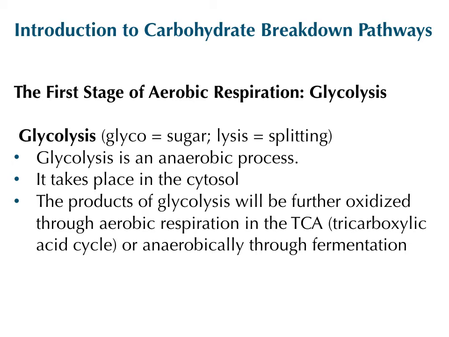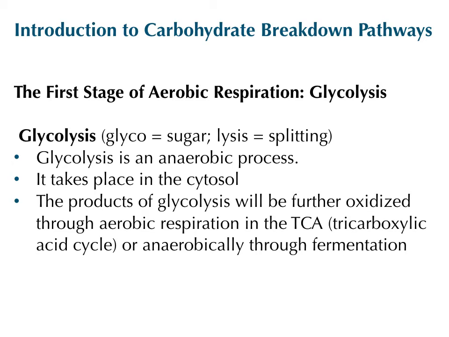Let's now move on. So as we have learned, our first stage of aerobic respiration begins with glycolysis. But some organisms are able to continually convert energy without the presence of oxygen. And even in some human cells, we do that. They will undergo glycolysis, but it's followed by the anaerobic process of fermentation to make ATP.